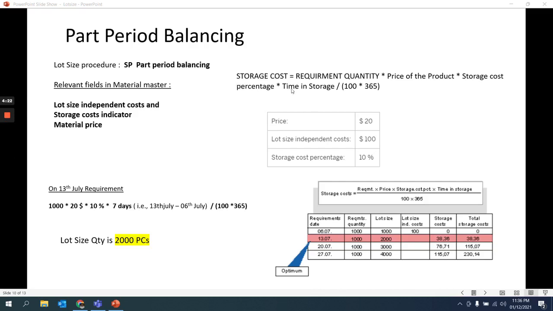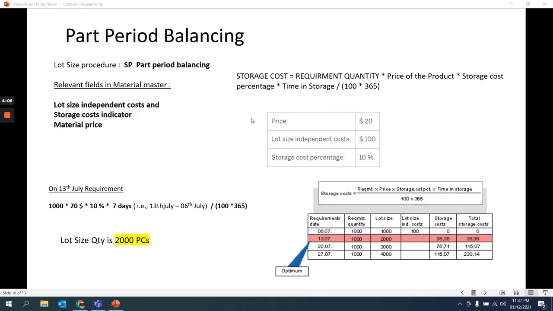System calculates the storage cost by this formula: requirement multiplied by the price of the product and storage cost percentage, and the number of days in storage divided by the days in the year.